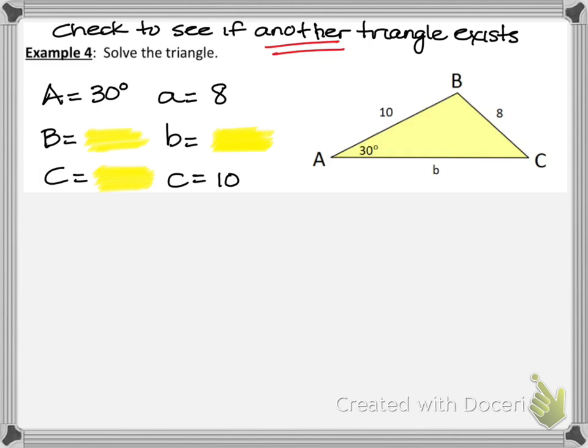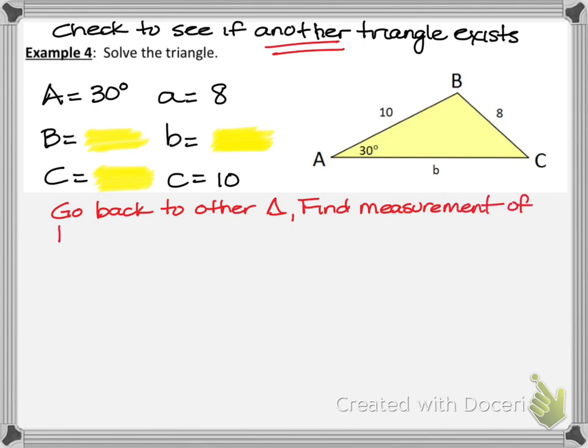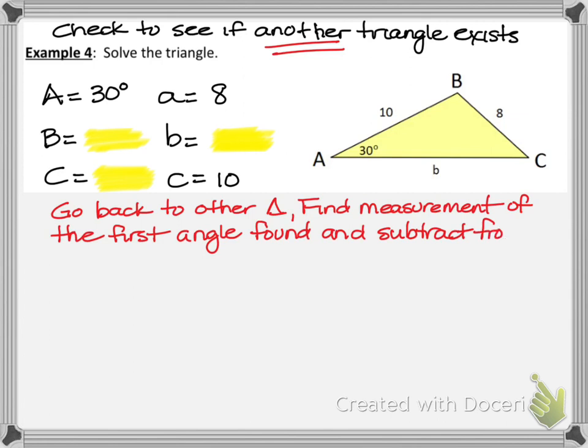What I need you to do is go back to the other triangle, find the measurement of the first angle you found, and when you do that, I want you to take that number and subtract it from 180 degrees.